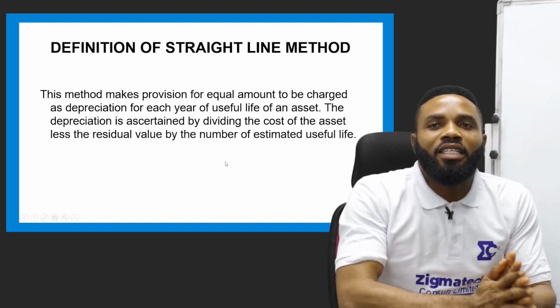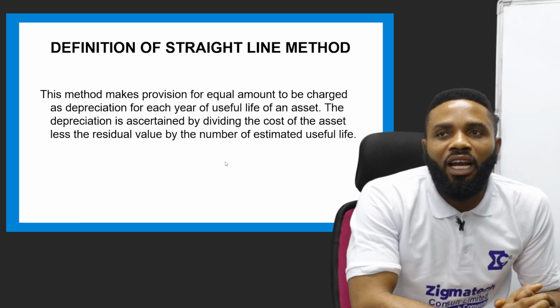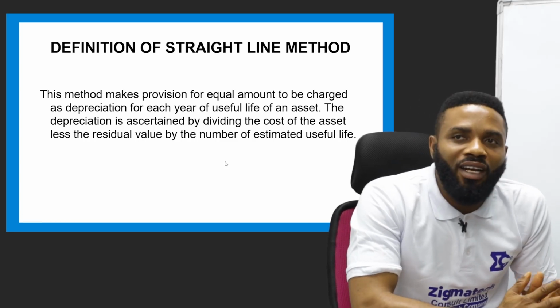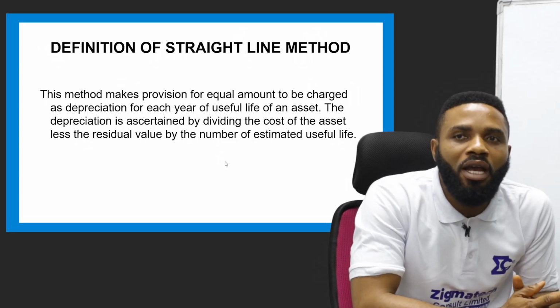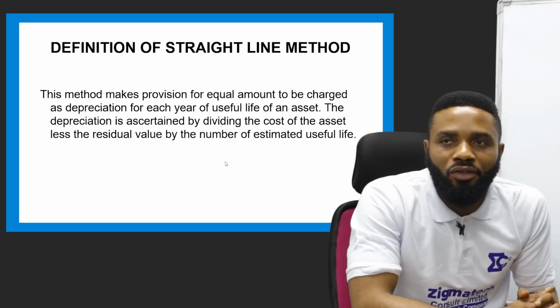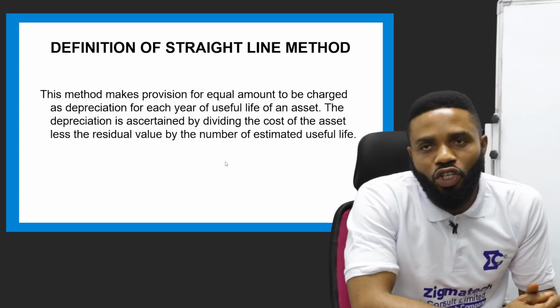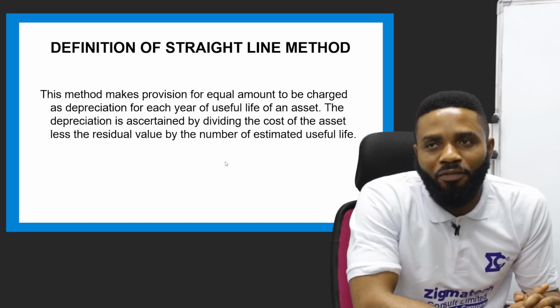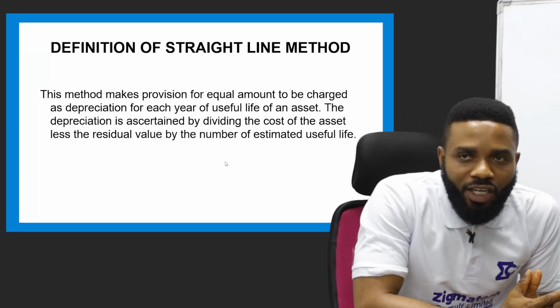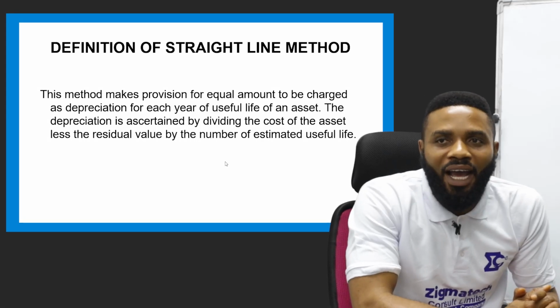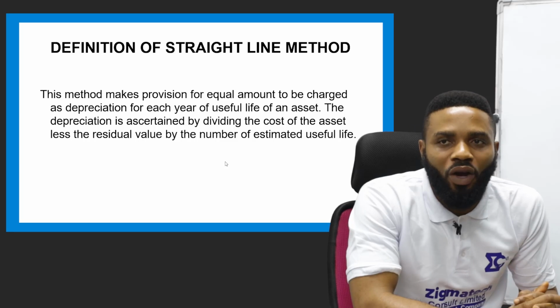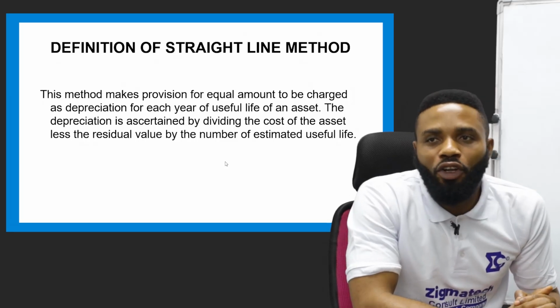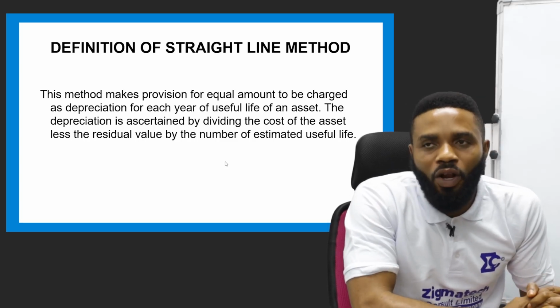Now let's look at the definition of the straight line method. What is the straight line method of calculating depreciation? This method makes provision for an equal amount to be charged as depreciation for each year of useful life of an asset. The depreciation is ascertained by dividing the cost of the asset less the residual value by the number of estimated useful life.